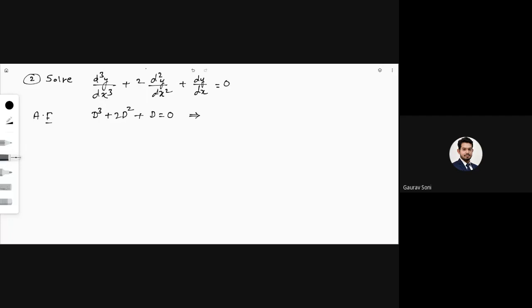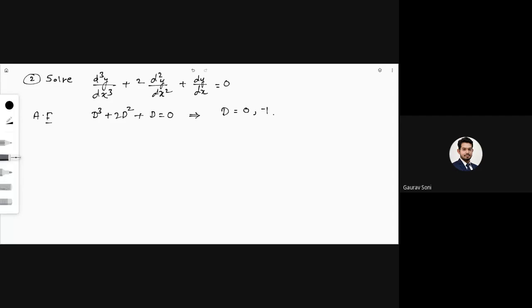Degree is 3, so what will happen now? Which one is repeated? Because I should have a list of 3 roots, I should be able to identify which one is repeated.